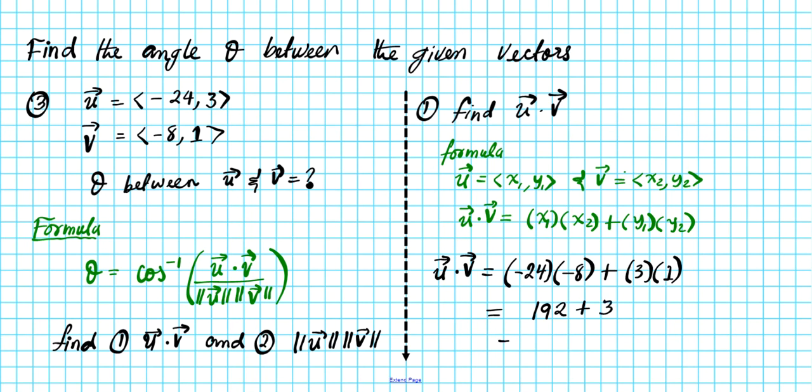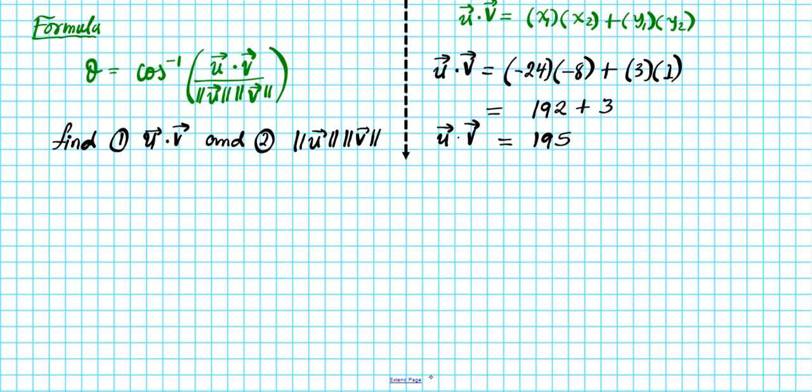Add this together, we get the dot product of 195. Okay, so this is an intermediate solution that is needed to find a bigger result, namely the angle between the two vectors. Okay, now let's go ahead and do part 2. Now we need to find the product of the magnitudes of both vectors.